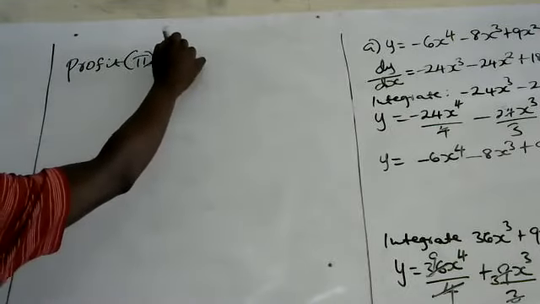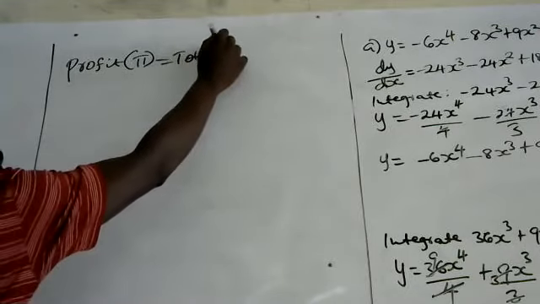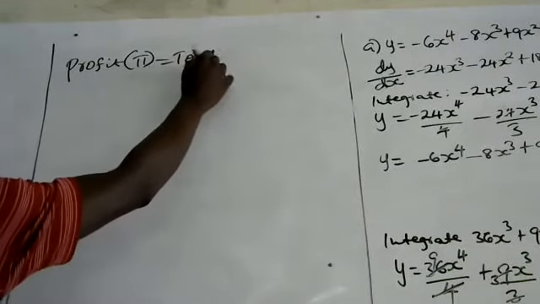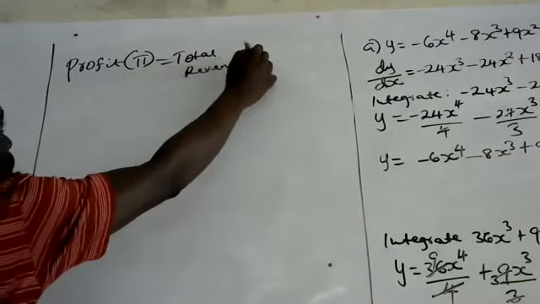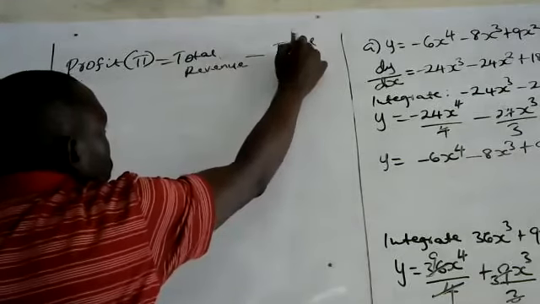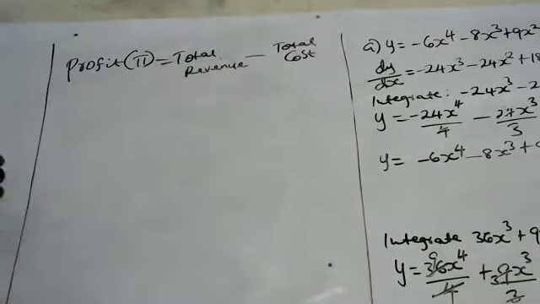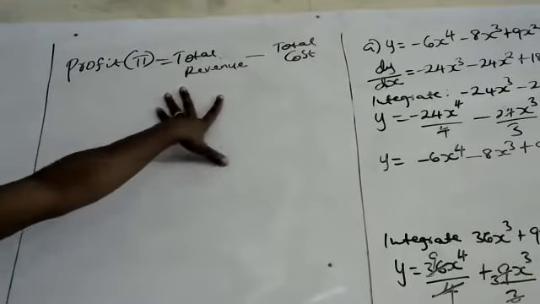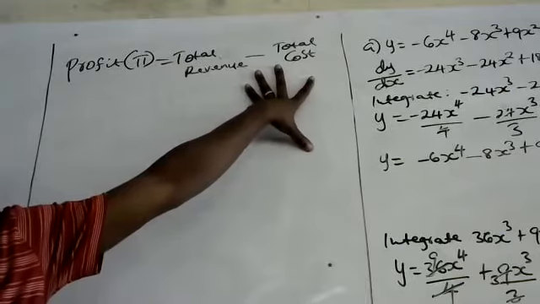It is given by the total revenue minus the total cost. Profit is given as total revenue, the total income that you have generated in your business, minus all the costs that you have incurred.